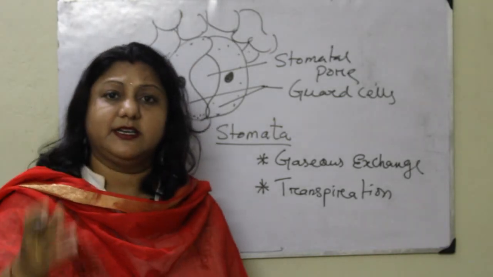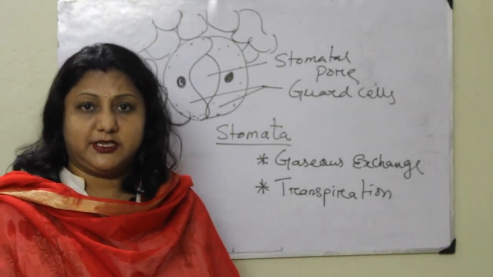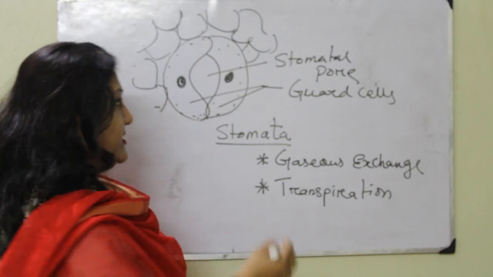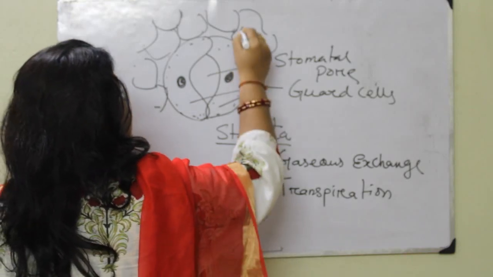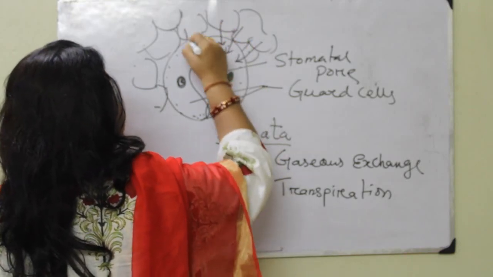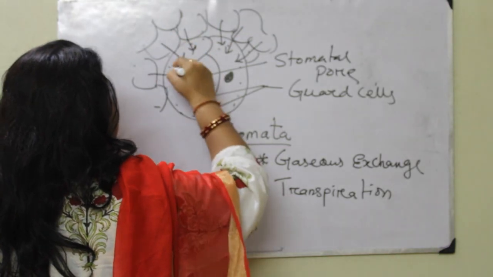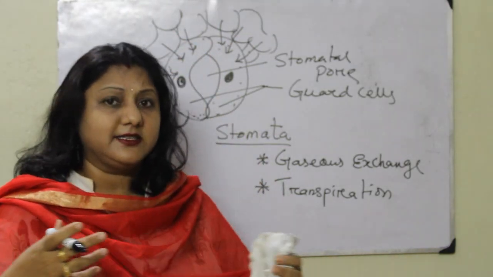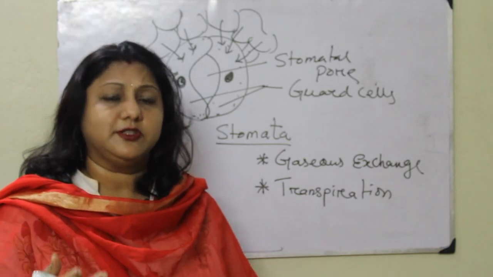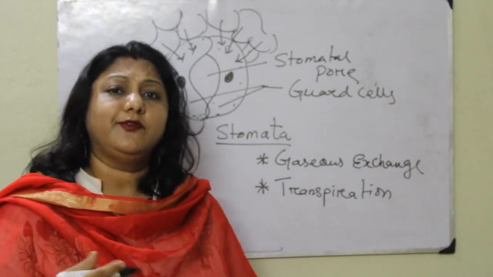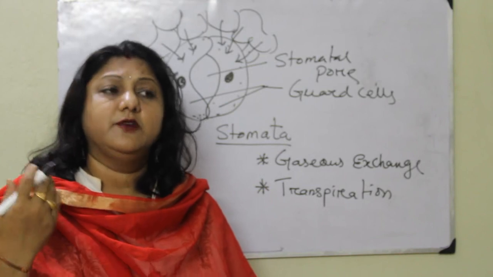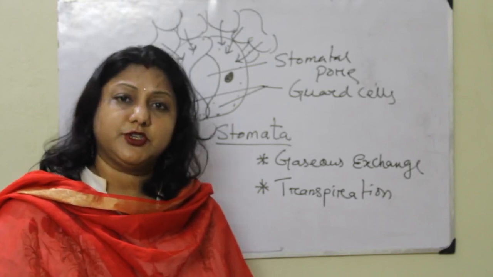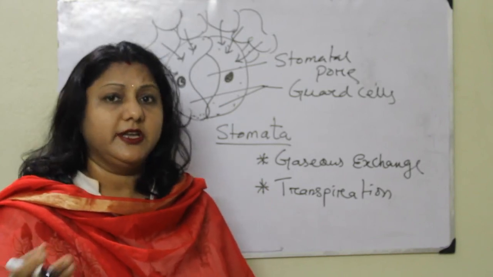So whenever the guard cell bulges by the entry of water from the surrounding cells, suppose the surrounding cells provide more water into the guard cell, it starts bulging. You have read about osmosis, the principles of osmosis. Water will move from its higher concentration to the low concentration area.